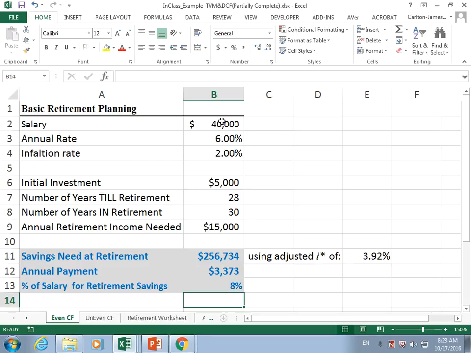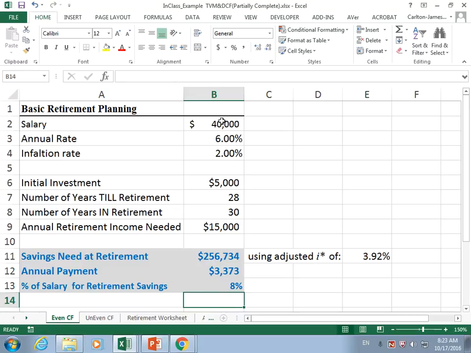Because if you put that into your model, the uneven cash flows, and you're able to deal with that, then you can allow the percentage of your salary to be fixed, but the amount you save every year changes, okay? And in this case, then, all you have to determine, possibly using Solver, is what percent of your salary will meet your objective. Now, I'm not saying you have to do that.